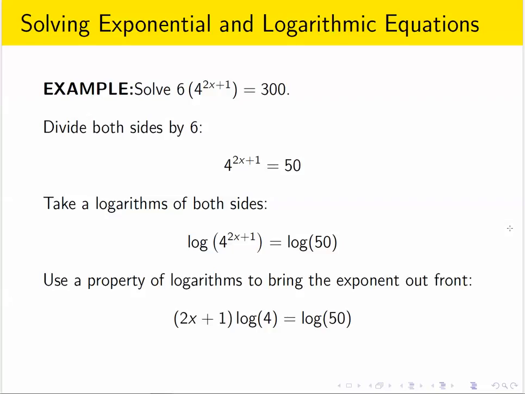So now there's a little bit more work to do to isolate x, and this is an algebra problem now. Just remember, log of 4 is a number. Maybe it's 0.1 or 0.2 or something like that. You want to imagine that it's just a number and apply the same algebraic steps you would take if you saw a whole number here. So the first thing you should do is move this to the other side by using division.